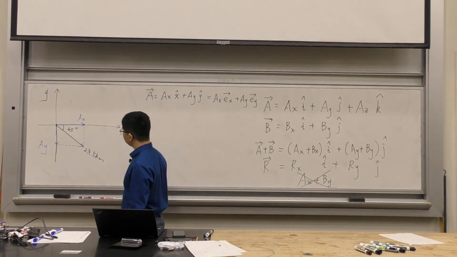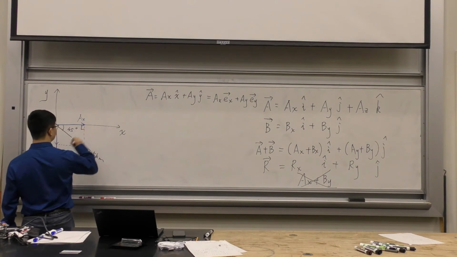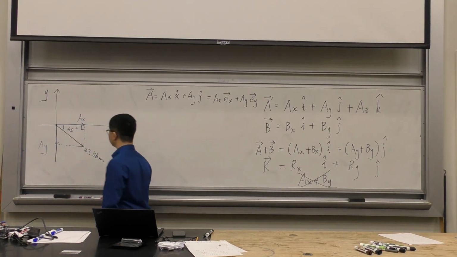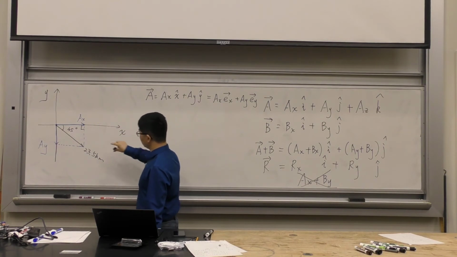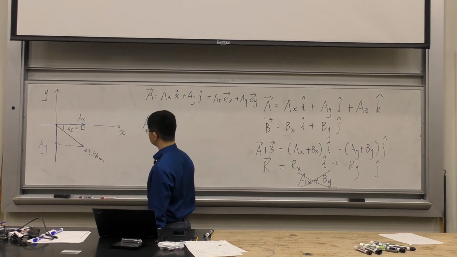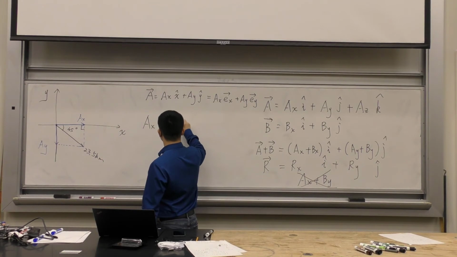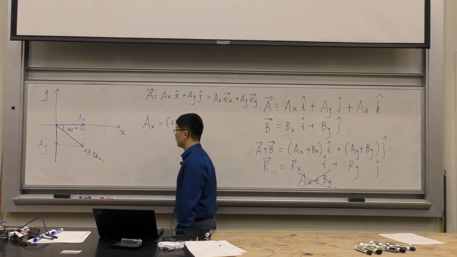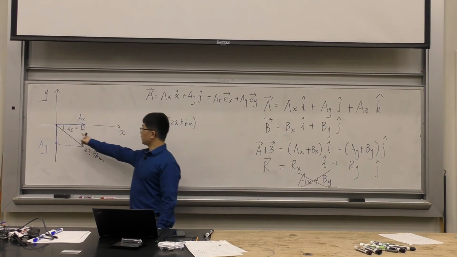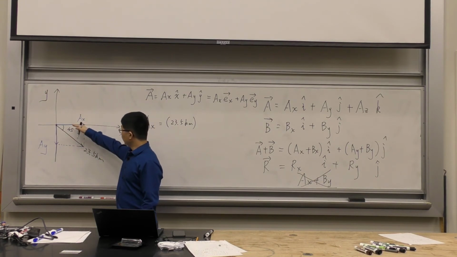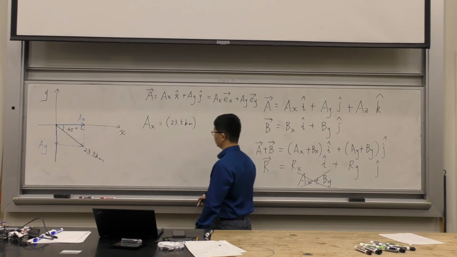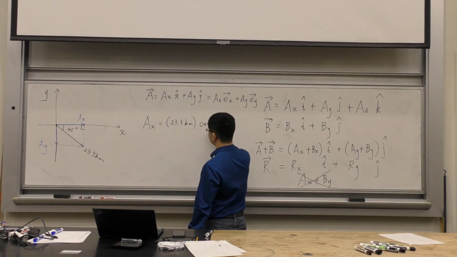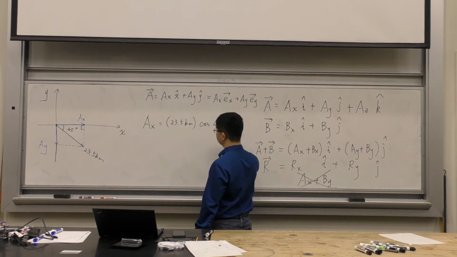Now in this case, how do I find these two components? I can make use of this angle. So how do you find ax? Ax, in this case, is going to be whatever this hypotenuse is, which is 23.5 kilometers, times, if I want to use this angle, 45, ax is adjacent to this angle. So that's going to be cosine, right? If I want to find ax, cosine 45 degrees.